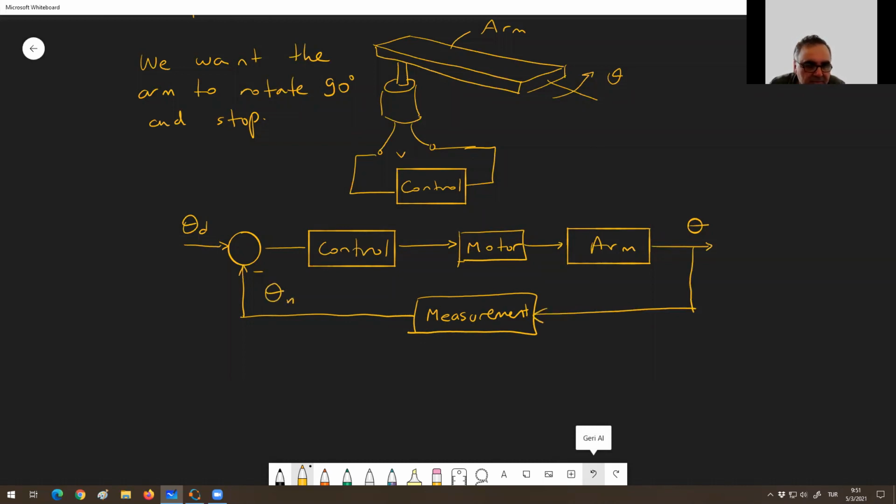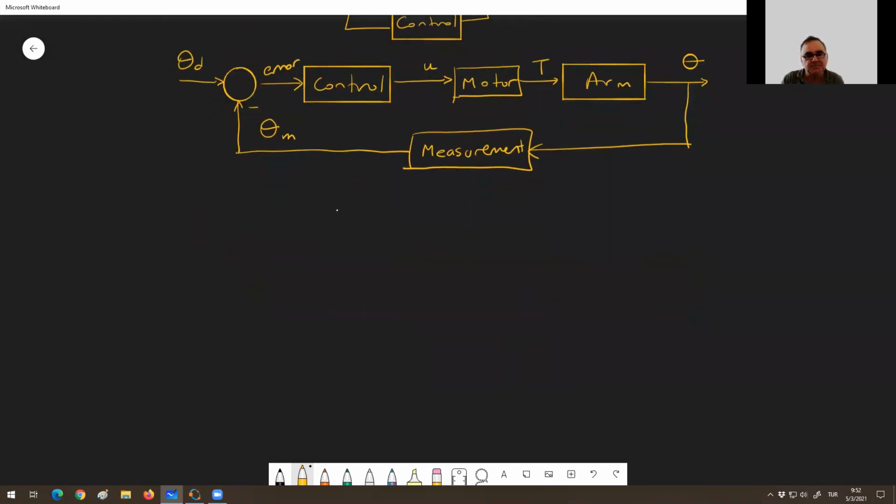This is theta measured, let's say. This is the error. This is U. This is torque. This is theta. Okay. This is a very typical control system. You want it to rotate 90 degrees, let's say, or 180 degrees, or whatever degrees, and the arm rotates as you desire. Okay?